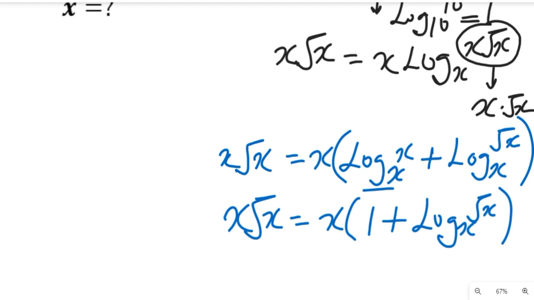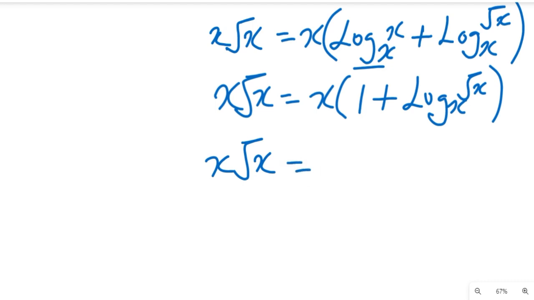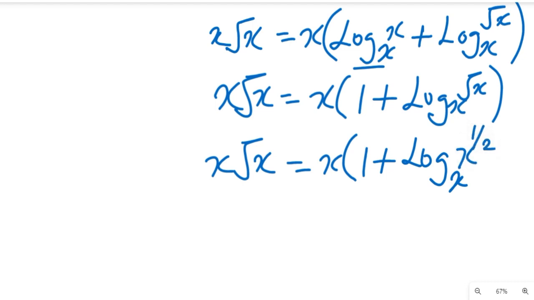If we simplify that, we are going to arrive at a more simplified term. So x root of x is equal to x multiplied by 1 plus, this is similar to having log of x raised to power 1 over 2 to base x.